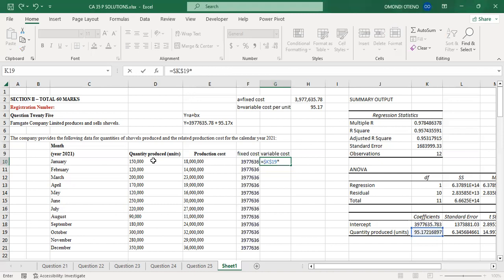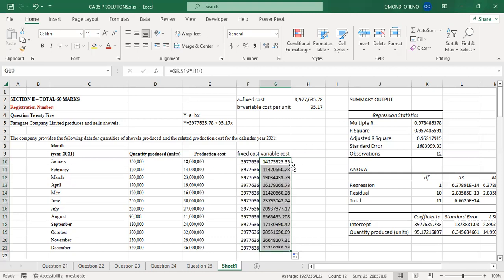Units produced are what we have here. So that is my total variable costs for each group of the products.